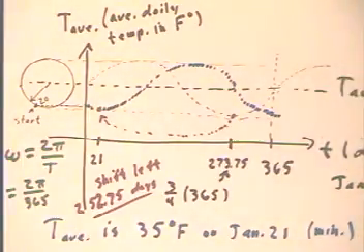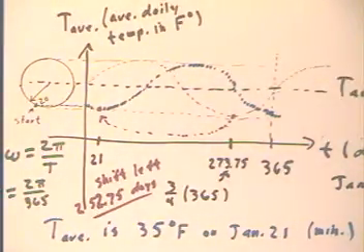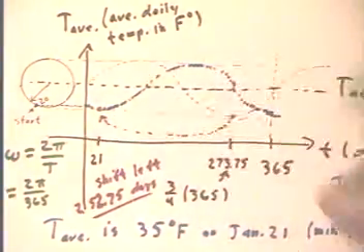In any case, the model that we want to make is a model of the average daily temperature in Fahrenheit degrees versus the clock time T, and you can't see it, but it's in days since January 1st. So we start the graph here on January 1st.